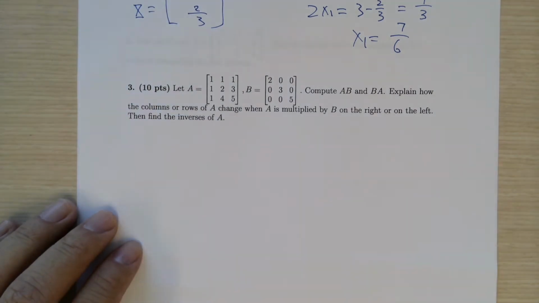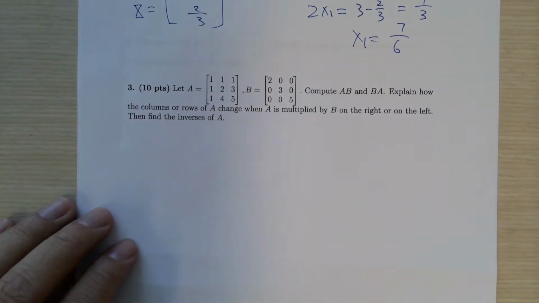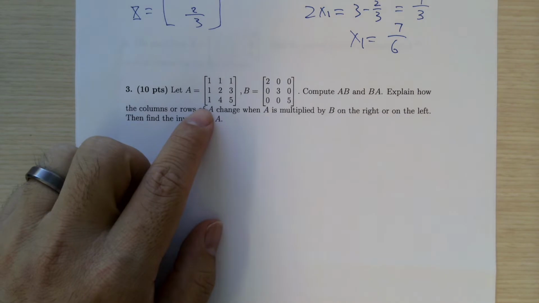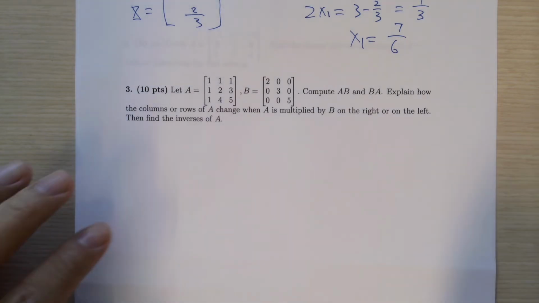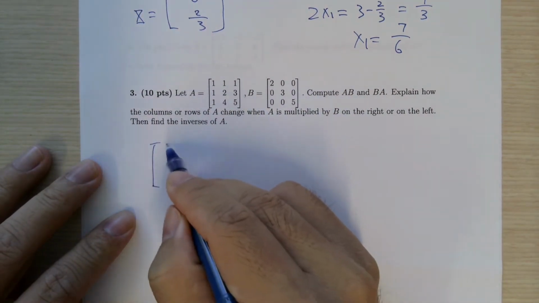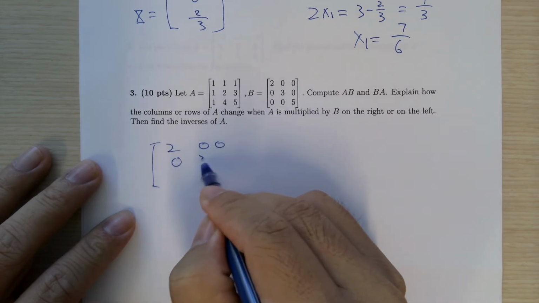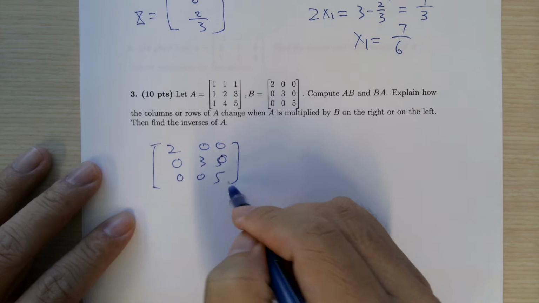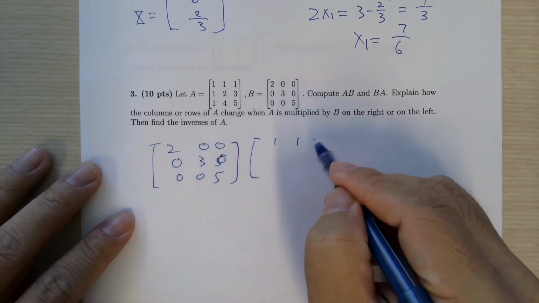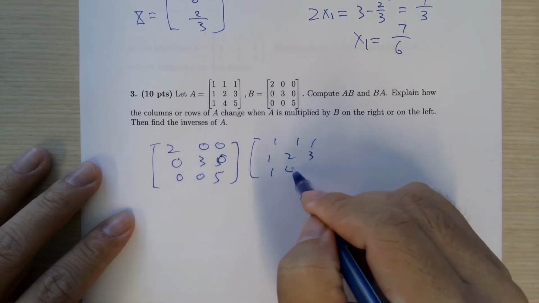Number 3, finding the inverse and then doing this multiplication. If you do left multiplication, so which we know what is going on, right? So with this 1, 1, 1, 1, 2, 3, 1, 4, 5.